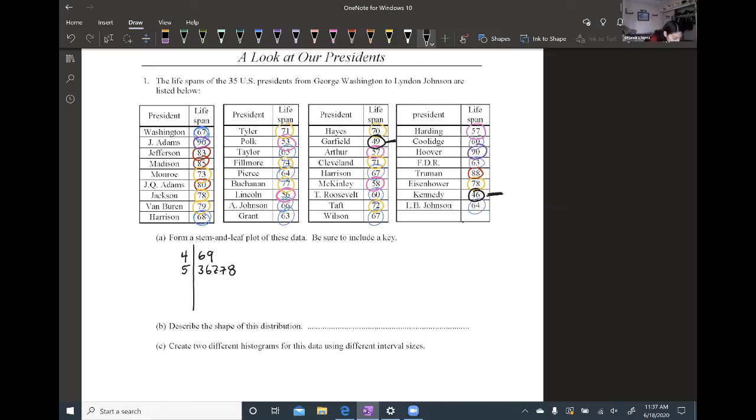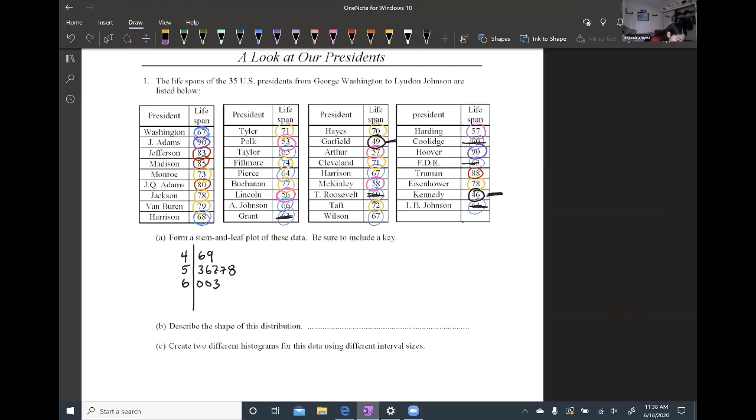Now I go to my 60s. So I have a 6, and then my 60s are in blue. 7, 8, 5, 4, 3, 6, 0. Okay, I have a 0, a 3. Oh no, I have another 60 over here. A 3. I have 64. Oh, I have another 63 there.